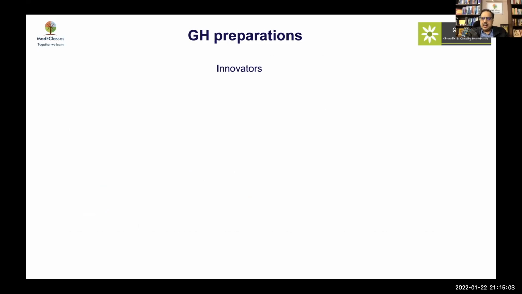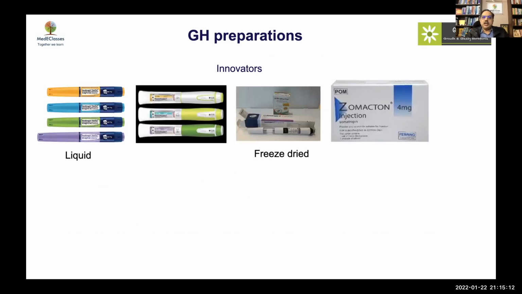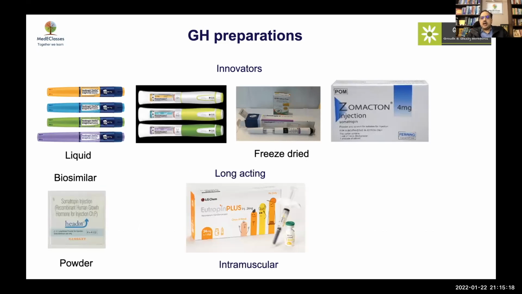Now, as I discussed, growth hormone is a large biological molecule. So the innovator brands, which are the ones developed for the first time, are available in liquid preparation and freeze-dried preparation. And then we have the biosimilar brands, which have the advantage of lower cost.